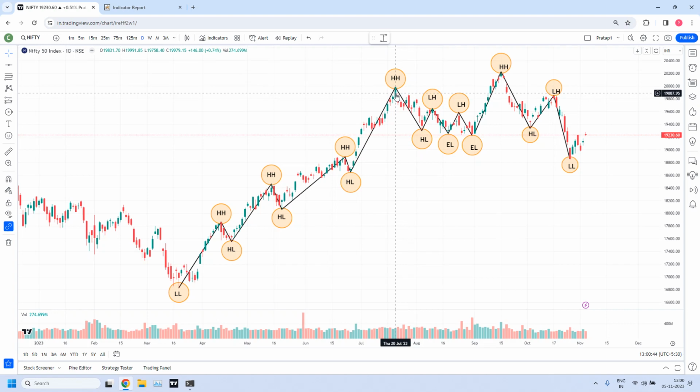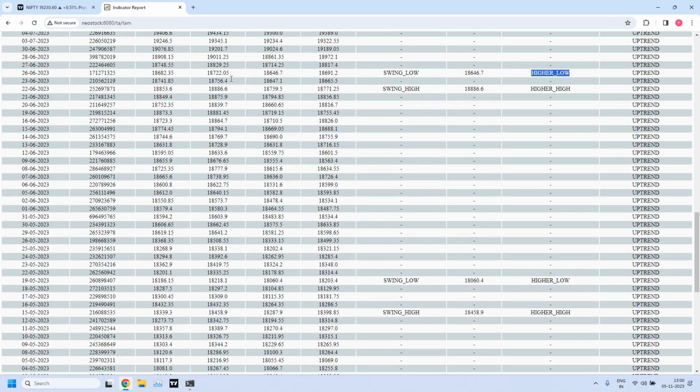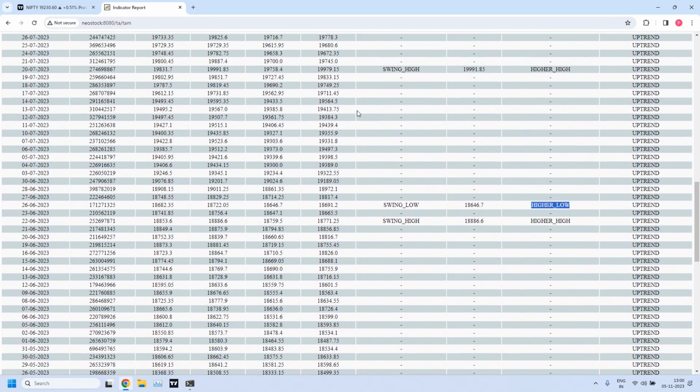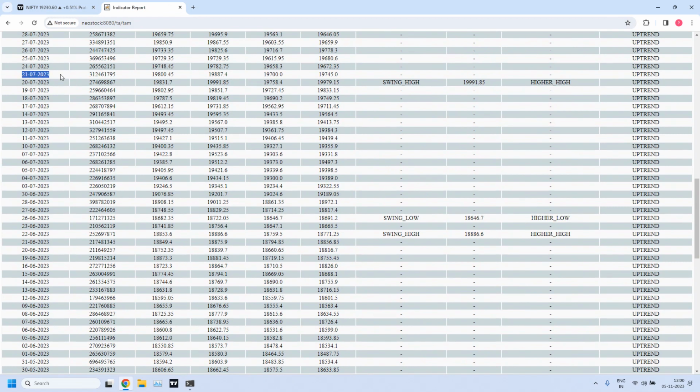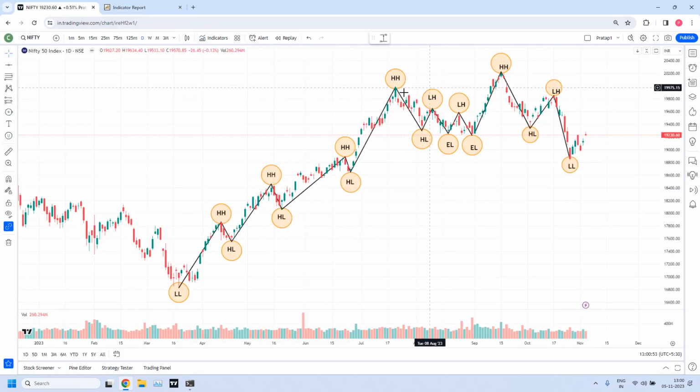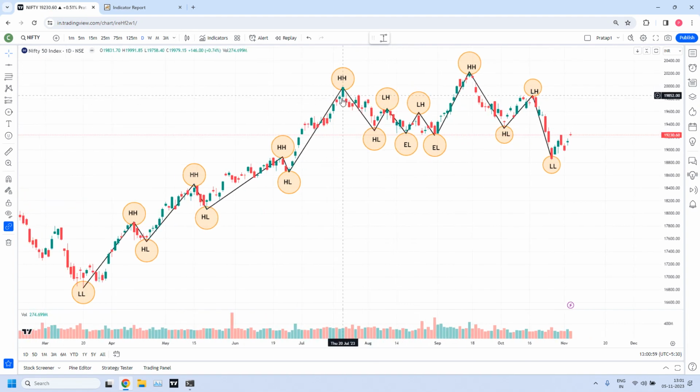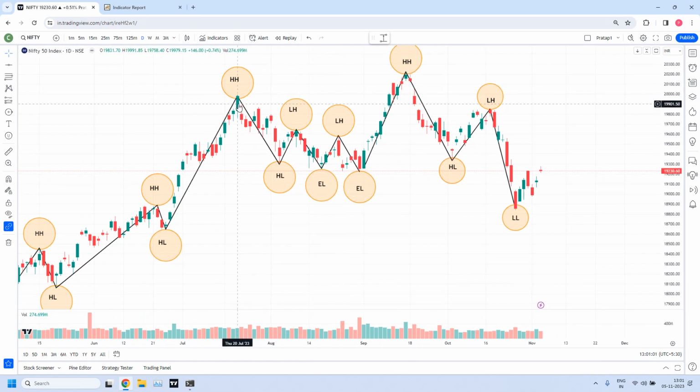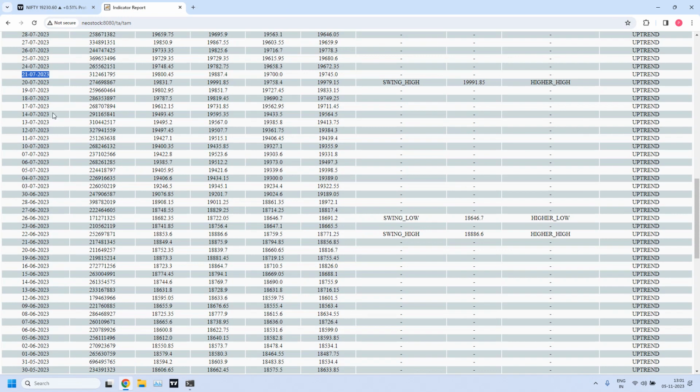20th July, higher high. Maybe I have placed my mouse in a wrong way. This is 20th July.